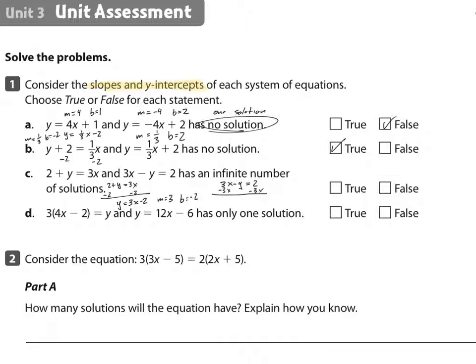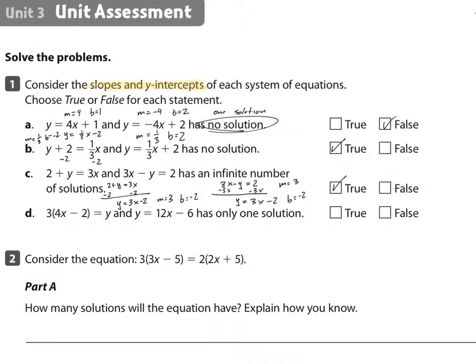So I'm going to rewrite it, but I'm only going to change the signs. So y is equal to 3x minus 2. Slope is 3. Y-intercept is -2. So whenever you have the same slope and the same y-intercept, it's going to be the same line, so infinitely many solutions.